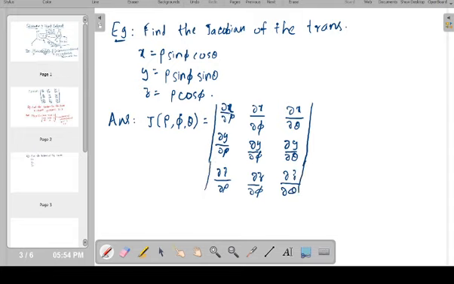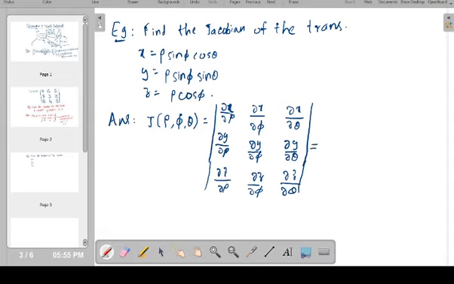It doesn't matter if you write the first row as the first column, dou x by dou rho, dou y by dou rho, dou z by dou rho, like that, because the determinant of a matrix is equal to the determinant of its transpose. If you interchange two rows or columns, the determinant is not going to be changed.